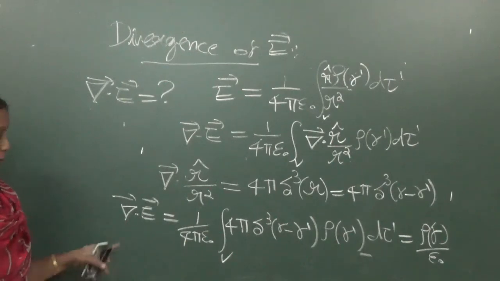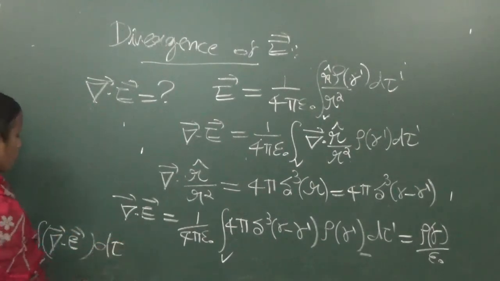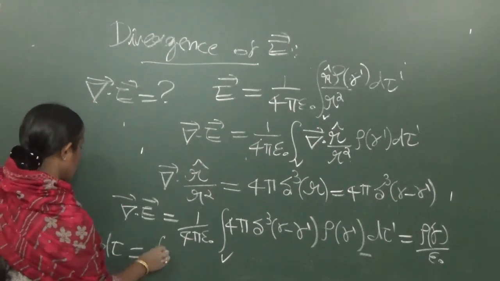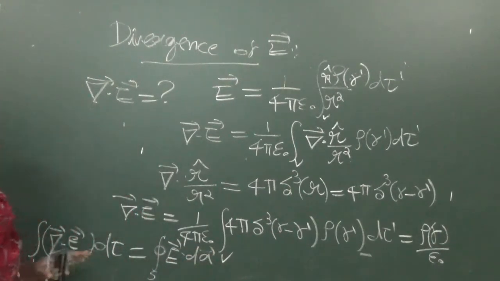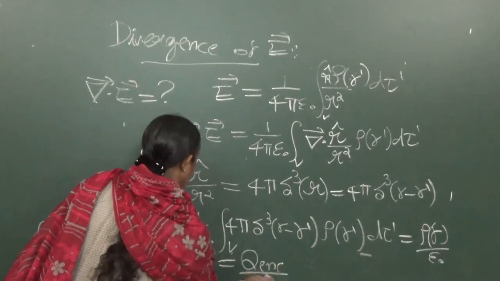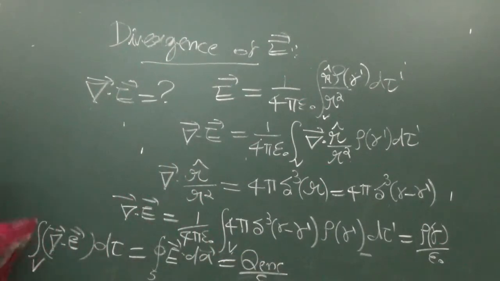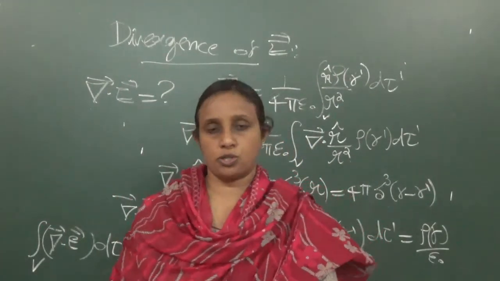If you need its integral form, you can apply the Gauss divergence theorem, such that the volume integral of del dot E d tau is equal to the closed surface integral of E dot dA. In reverse order, you can apply this, and instead of del dot E you can put rho by epsilon 0. This gives you Q enclosed by epsilon 0. Anyway, the divergence of the electric field is given by this differential form of Gauss law.